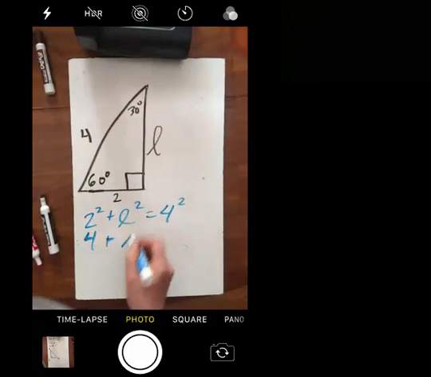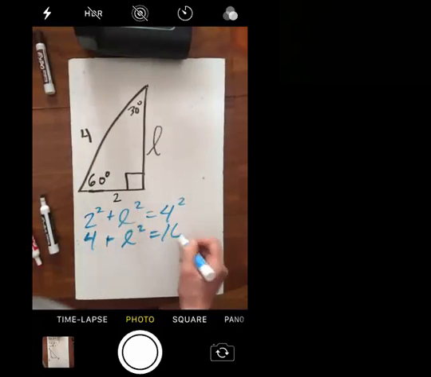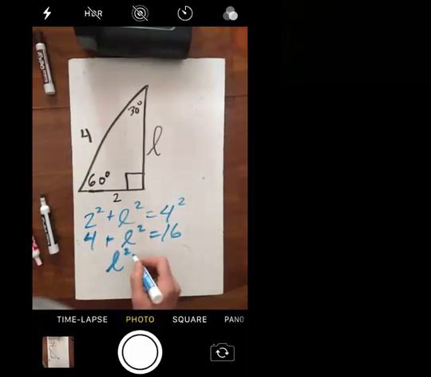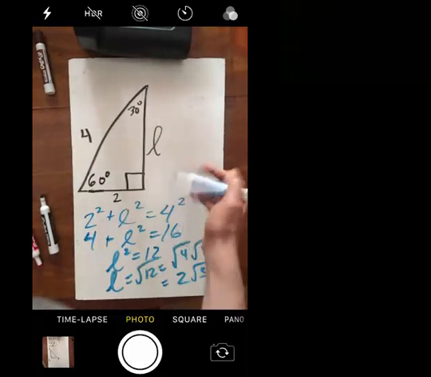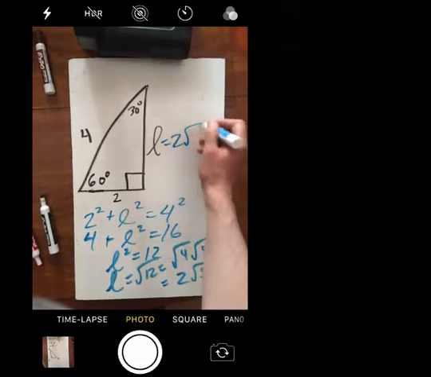We have 4 plus L squared equals 16. Subtract 4 from both sides and get L squared equals 12. Take the square root of both sides, get L equals square root of 12, equals square root of 4 times square root of 3, equals 2 radical 3. So we know that this leg is 2 radical 3.